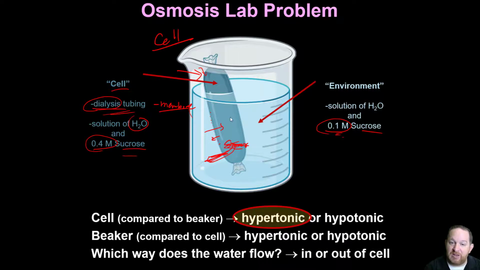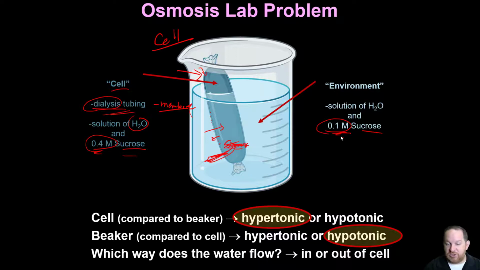Because if you think about it, the cell has 0.4 molar, while the environment only has 0.1. So in terms of the solute, it has a higher concentration of solute, 0.4. So the cell is hypertonic, which then means the beaker is hypotonic when compared to the cell, okay? Because it has less sugar compared to the cell.